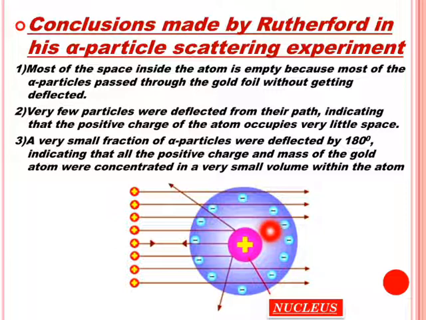So from the observations and conclusions he drew from the experiment, he calculated that the radius of this nucleus is about 10 raised to power 5 times less than the radius of the atom. In this way, he concluded that the positively charged nucleus is present in the center of the atom, in which protons are present.